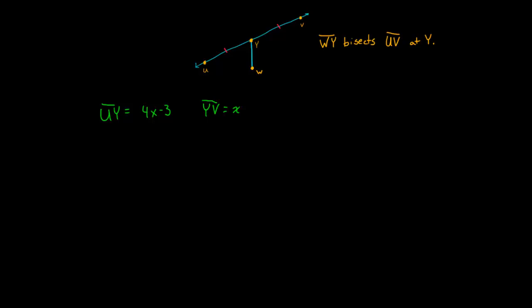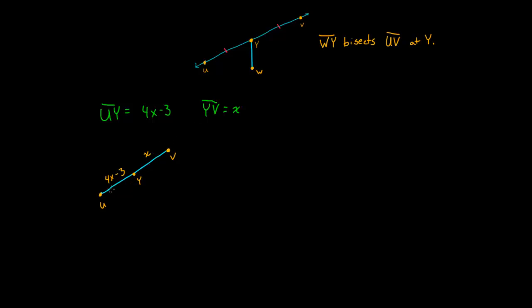So let's go down and look at our example 7. For example 7, I'm going to redraw another quick sketch of what we've got, so that I can fill in what I need to write in what areas. There's my U, Y and V. UY is equal to 4x minus 3, and YV is equal to x.